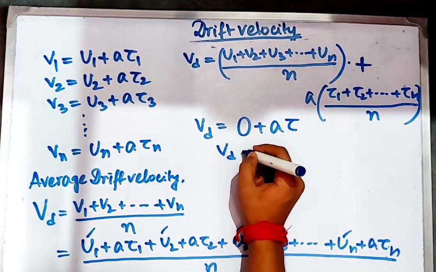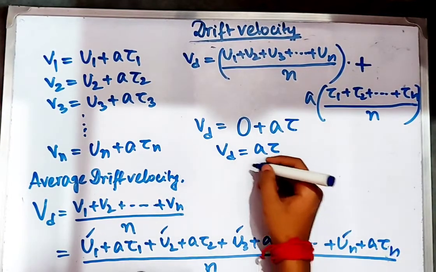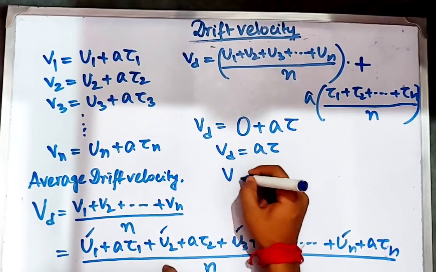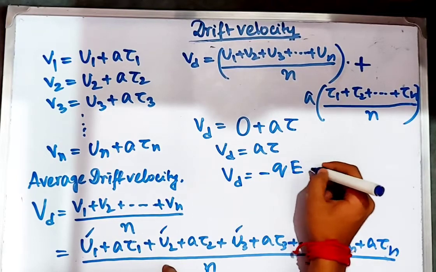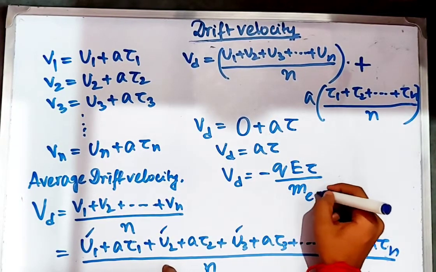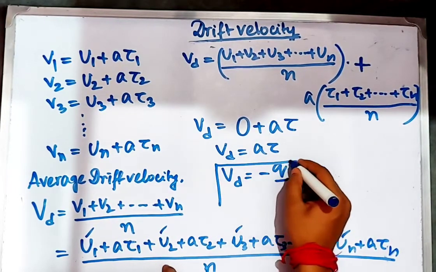So Vd equal to a tau. Now we know the value of a. So Vd equal to minus q E tau divided by me star. This is a very important relation.